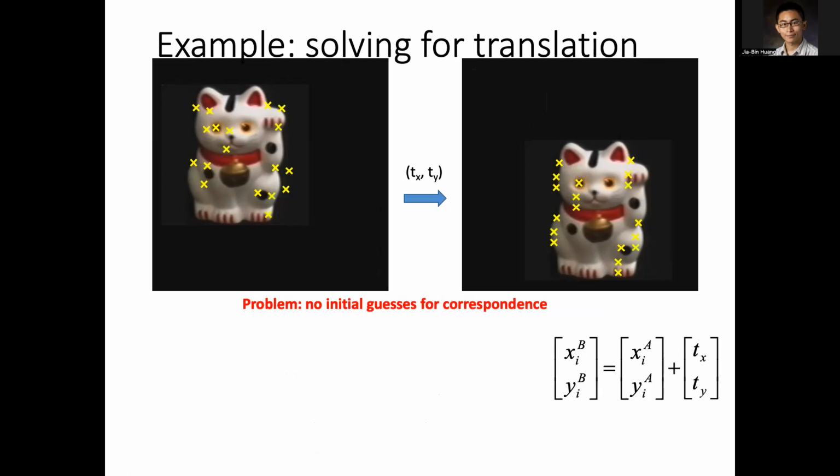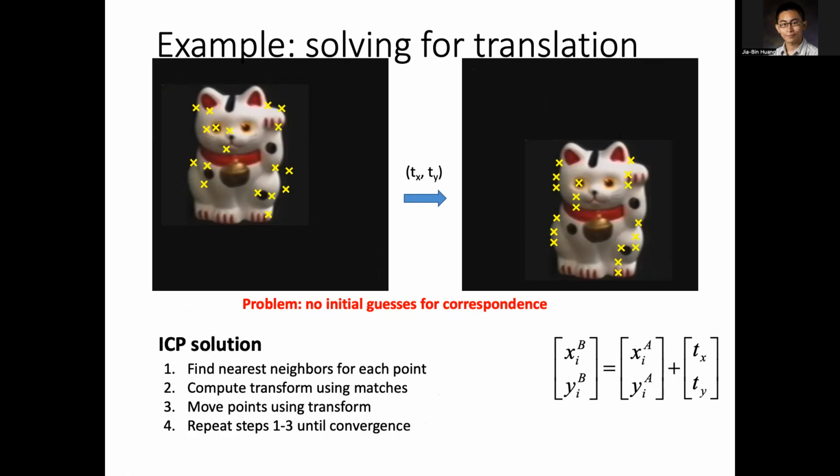All right. So one last thing is, what if you have unknown correspondence? In this case, we use iterative closest points. So you don't have correspondence. In the previous method, if you know the correspondence, then you can use least squares to solve the transformation, that's the tx, ty.